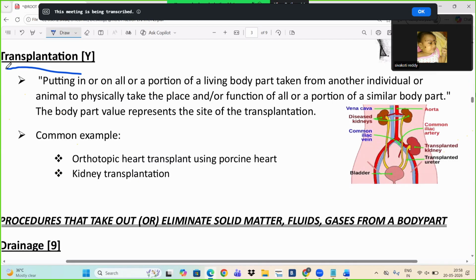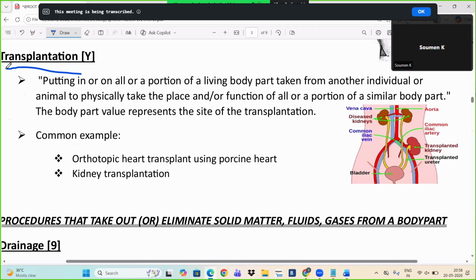So how will they transplant an organ? Tell me. From a donor, right? Yes. If any donor donated the organ, they will transplant.